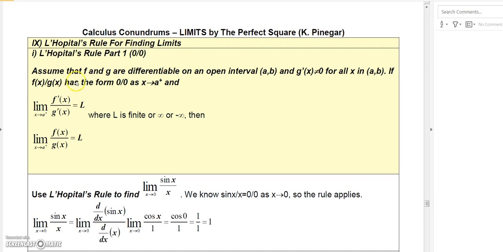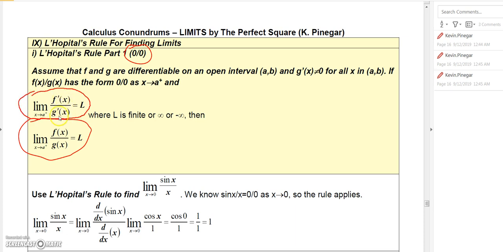Basically, if you want to find the limit of some quotient, f of x over g of x as x approaches a, and when you evaluate that directly, you get the indeterminate form 0 over 0, L'Hopital's rule tells you that you can try taking the derivative of the numerator and the derivative of the denominator, and then taking the limit, and it will give you the same value as the limit of the original expression.